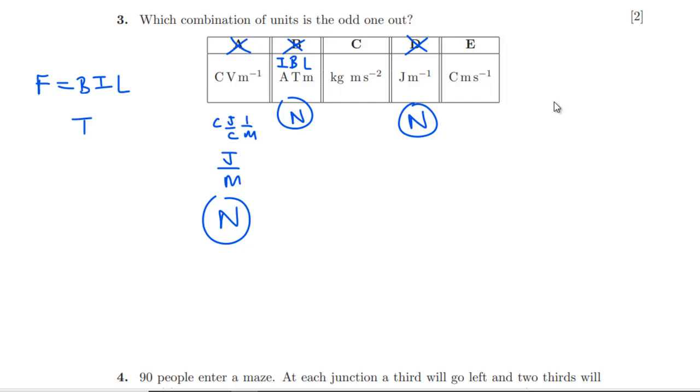Oh, that's mass times acceleration, so that's newtons. And then we've got whatever this thing is, which is charge times velocity. Because we've got F equals BQV, so charge times velocity is that. So this is F over B. So E is the odd one out there.